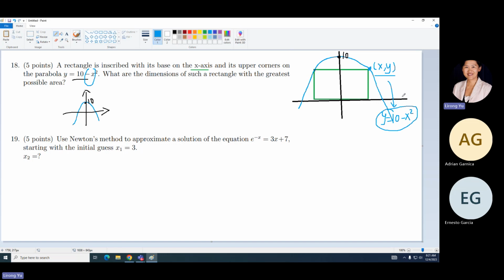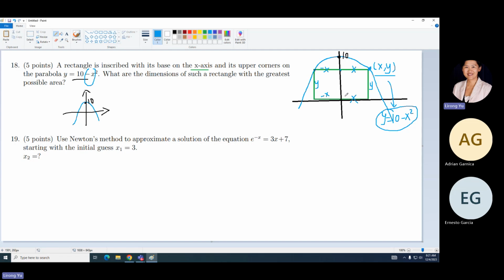That equation is a relation between the corner values x and y. This is x, this is also x, negative x, and this will be the y value. This is also the y value, and this is also x, negative x. So that labels the distances around the rectangle.